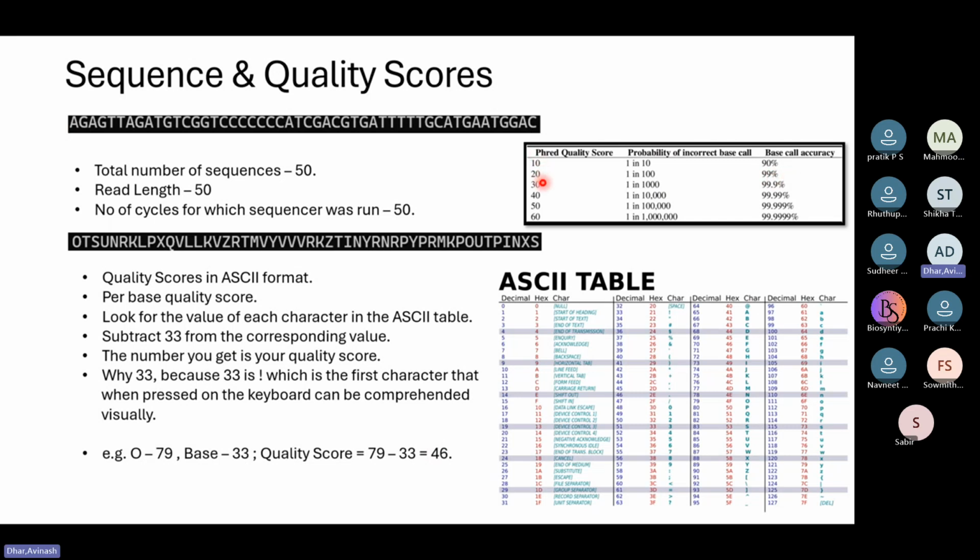If my quality score is 30, the probability is 1 in 1000, and the accuracy is 99.9%. And so on. So the higher the quality score, the lesser the probability of incorrect base call, and the higher the base call accuracy. Is that clear to everyone? Yes, sir.